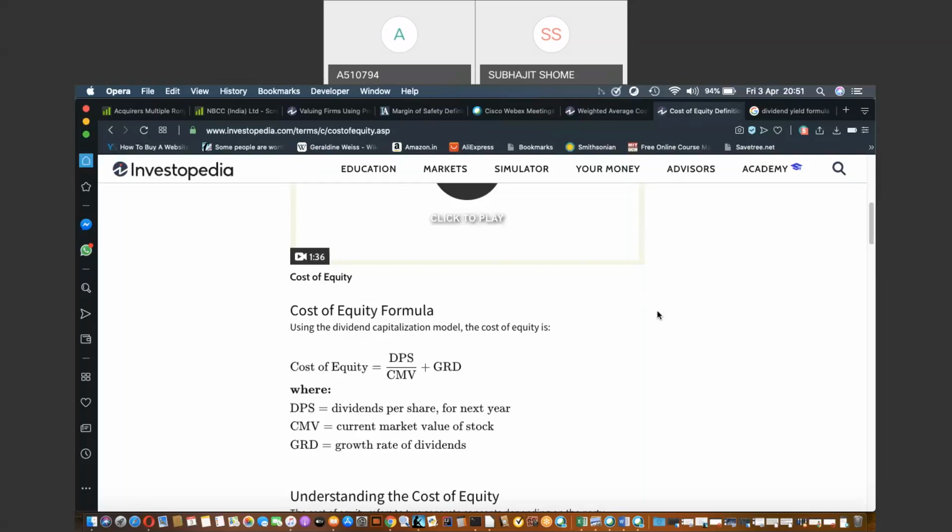So now let us go to the WACC formula. Cost of equity now we have, 0.102, into equity divided by market value of equity divided by debt plus equity.